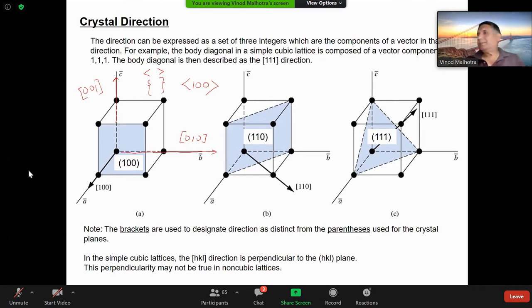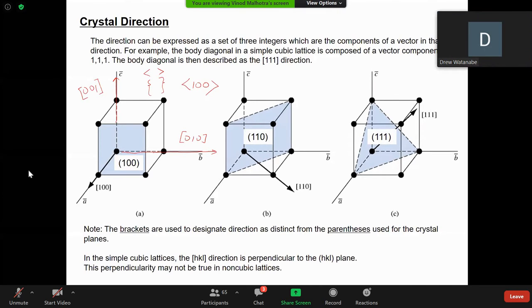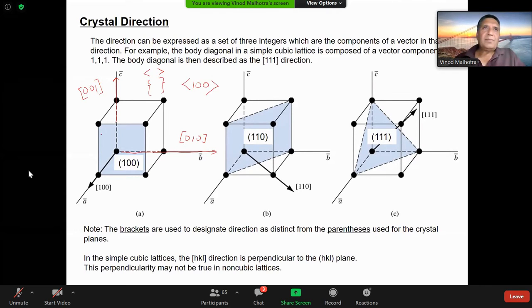All right, okay. Any questions at this point? Sorry, could you repeat that? The square brackets are representing the planes, the family of planes? No, the square brackets represent direction. 100 is a direction, right?